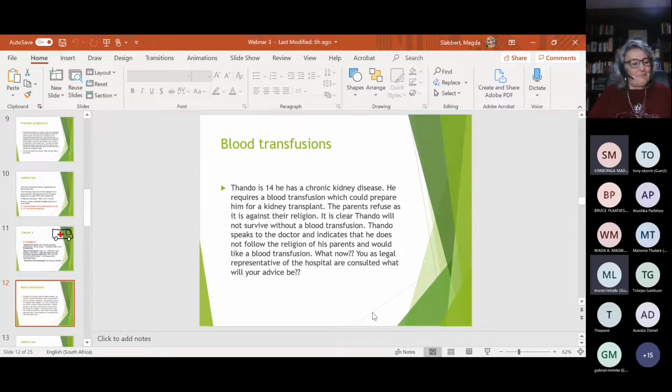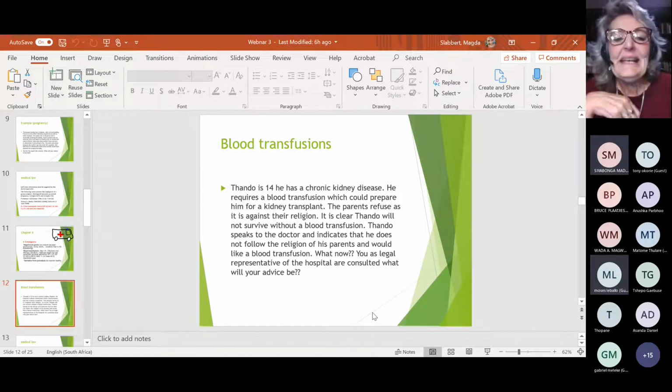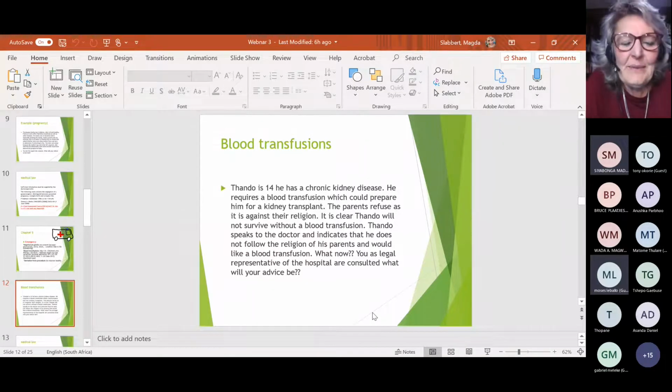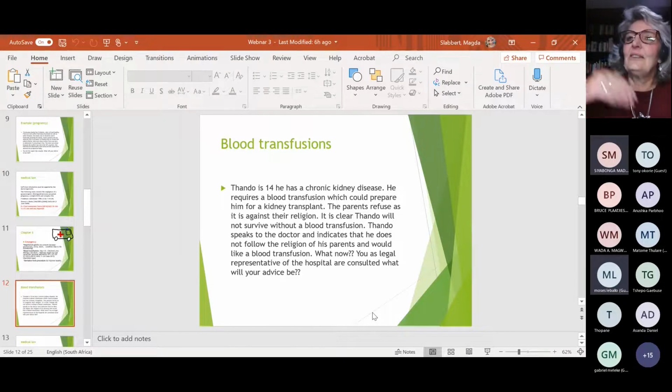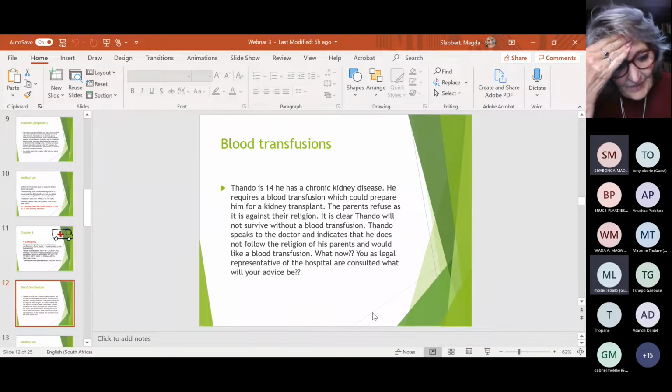Think about it. Afterwards, we will have interaction if you want to elaborate. No, it must be removed. Remember that a child between 0 and 7 is not capable of being in control of what they do. In Afrikaans it's toerekeningsvatbaar, and now I can't think of the English.